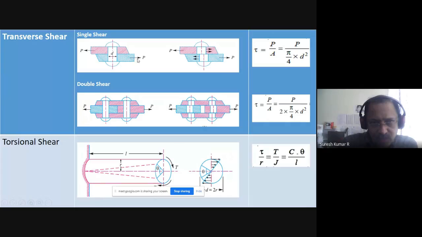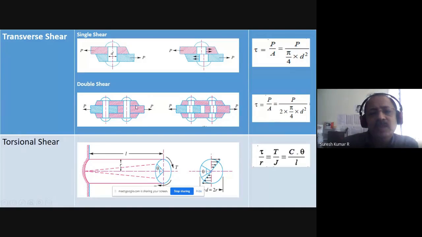If there is a pull applied, then two equal and opposite tangential forces are set up, causing shearing off at one place, and this we call single shear. If it breaks into two parts by shearing off at one particular section, it is called single shear, and the resisting area available to resist this shear is pi by 4 d square.